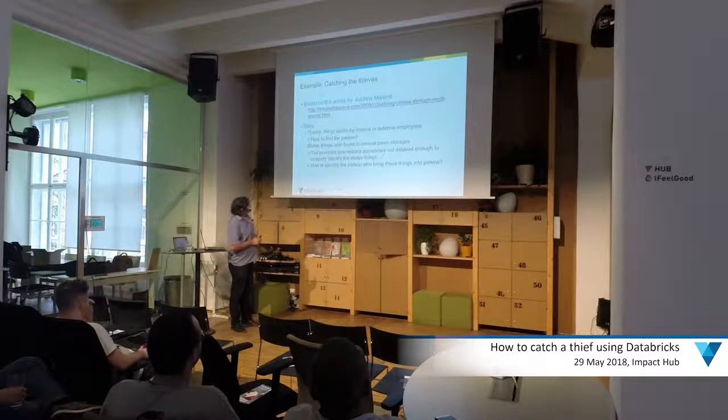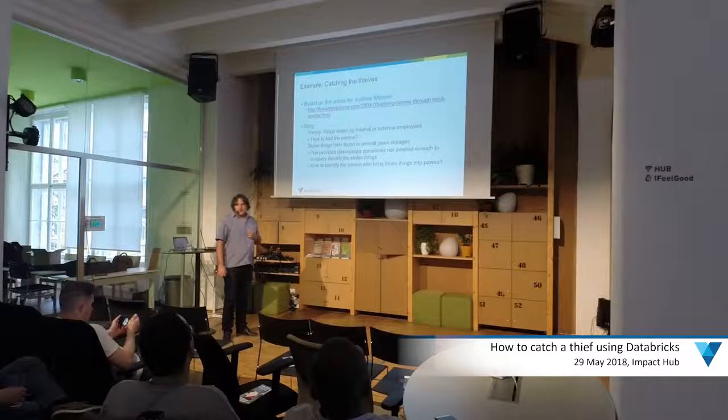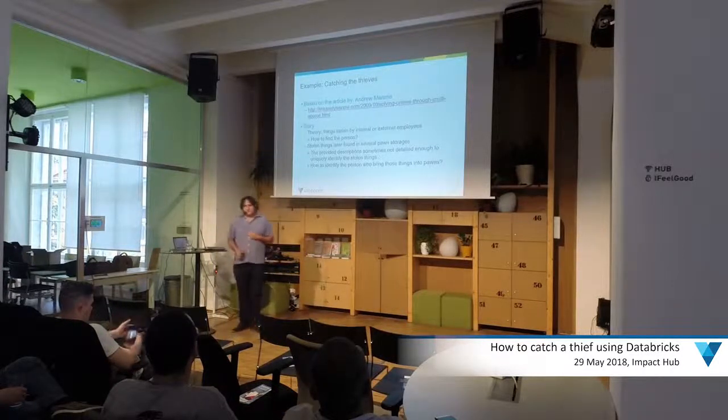So the story is like that. There was a series of burglaries in a hotel, and there's a theory that the things were actually stolen by the employees of the hotel, either internal or external, because no locks or doors were destroyed.